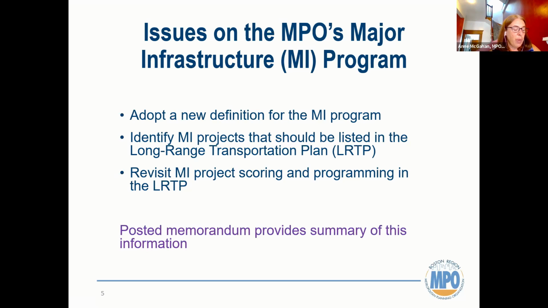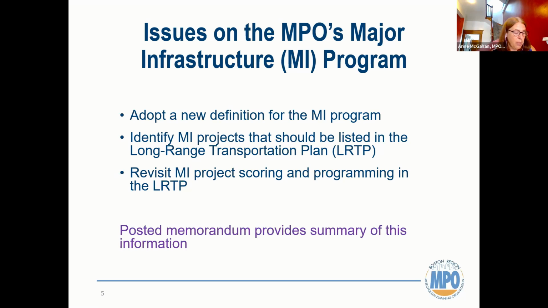Staff put together a memorandum to help the MPO through these discussions, and it gives a history of the major infrastructure program and the issues being discussed regarding this program. The memo summarizes the items discussed in the MPO meetings over the last year, provides information on the federal requirements behind past major infrastructure program definitions, and provides staff recommendations on the definition of the program and the scoring and programming of these projects.